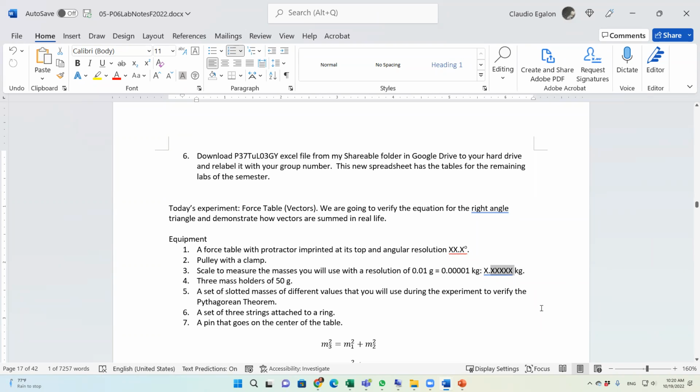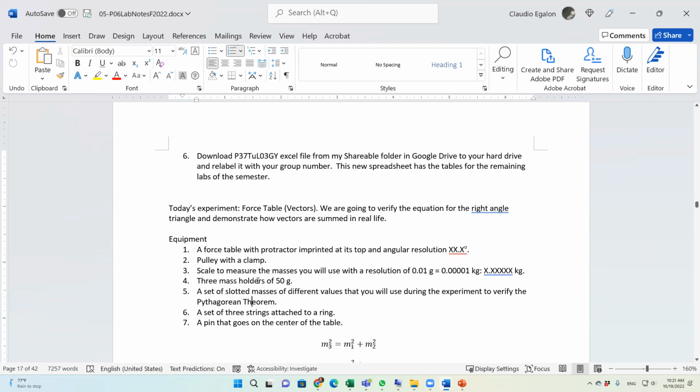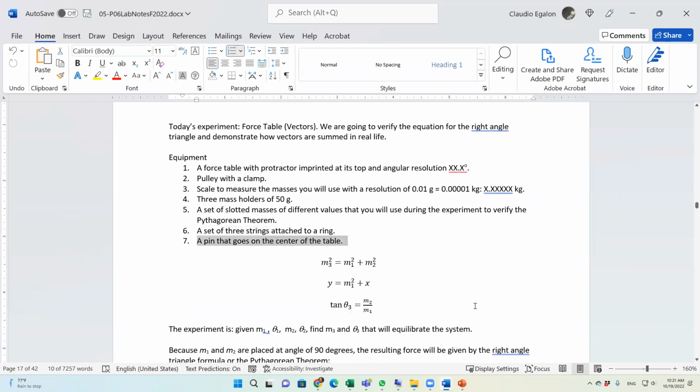Then you have to write it down, displayed with the proper number of significant digits. 3 mass holders, right? Each mass holder is approximately 50 grams, and you load the slotted masses into the mass holder to come up with 300 grams for mass number 1. A set of 3 strings that you saw there, and a pin that goes at the center of the table.